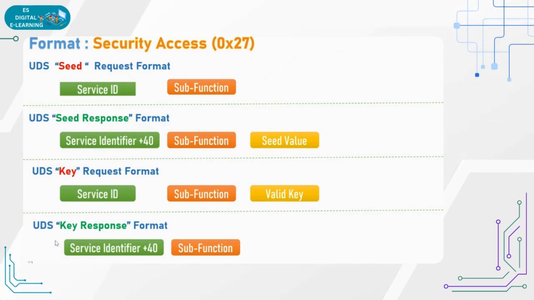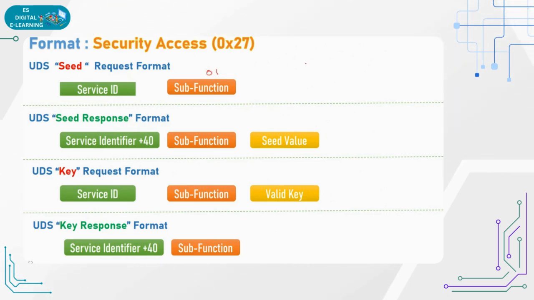So let's say for the seed we send the 01 sub function. If in return, the key you receive is 04, will it work? Both are even and odd only, but the numbering will be different.